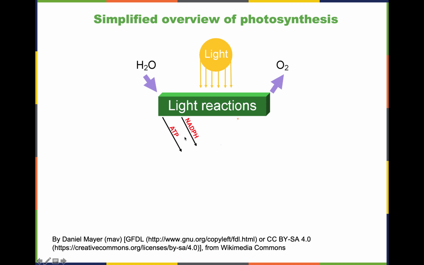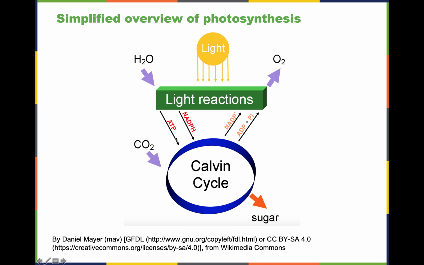So why does the cell need this chemical energy? Because it's going to use it in the next step, which is called the Calvin cycle. It is in this second step that the cell actually fixes inorganic carbon, and with the help of this input of energy, it can transform the CO2 into a more complex carbohydrate molecule.